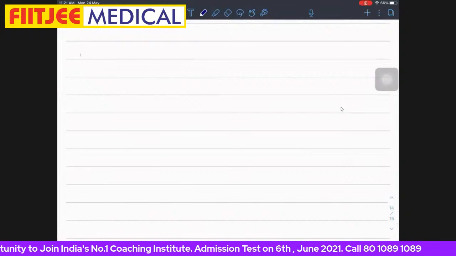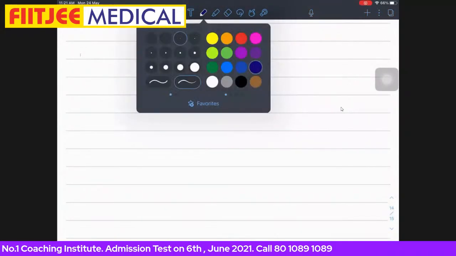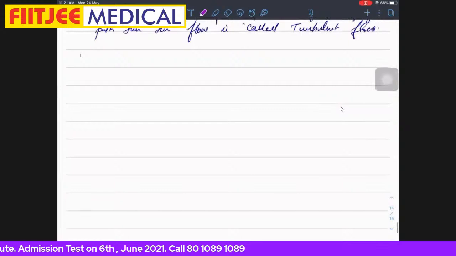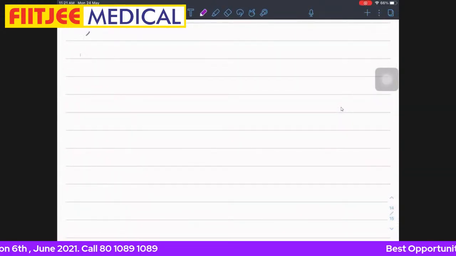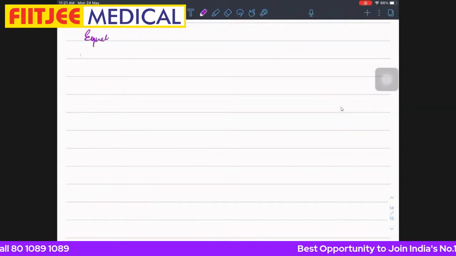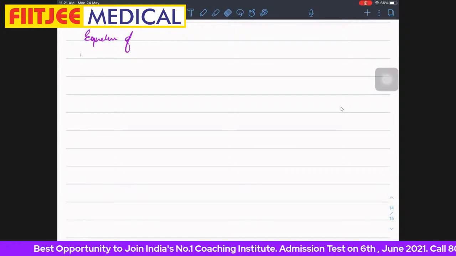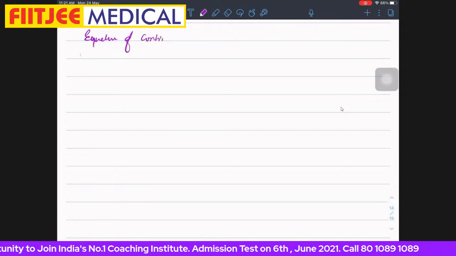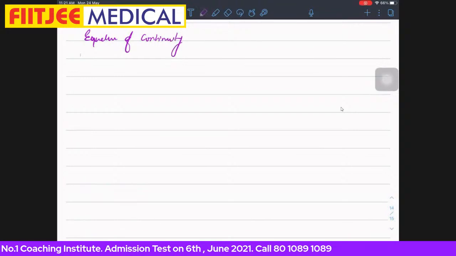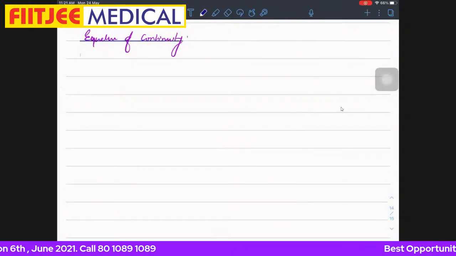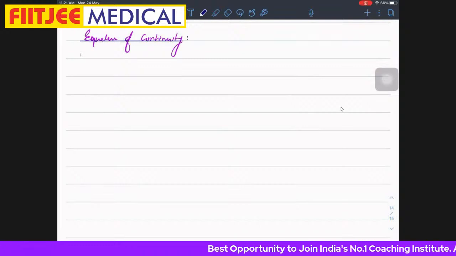Now we'll come to equation of continuity. So what is equation of continuity? It is simply conservation of mass. I'll explain by an example.